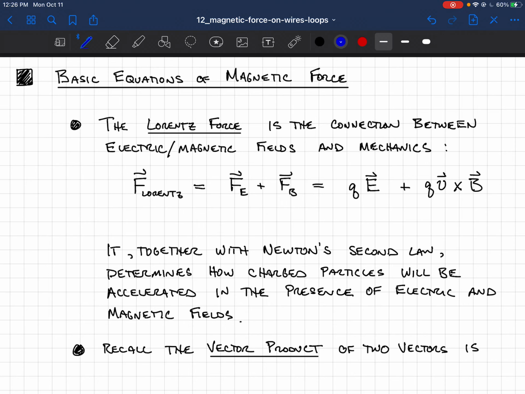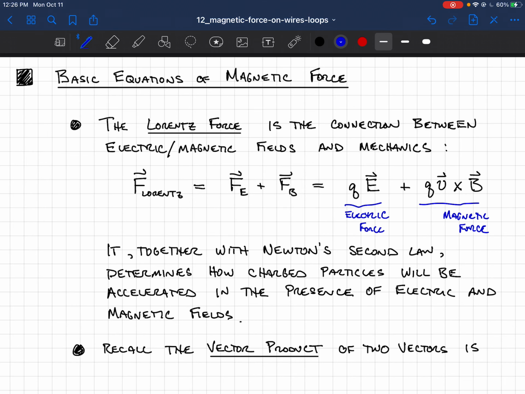So this is the electric force, and this is the magnetic force. So we say that the sources of electric fields are charge, and charge are also forced by electric fields. And then the sources of magnetic fields, it turns out, are currents, moving charge, and it turns out that moving charge also feels a magnetic force.